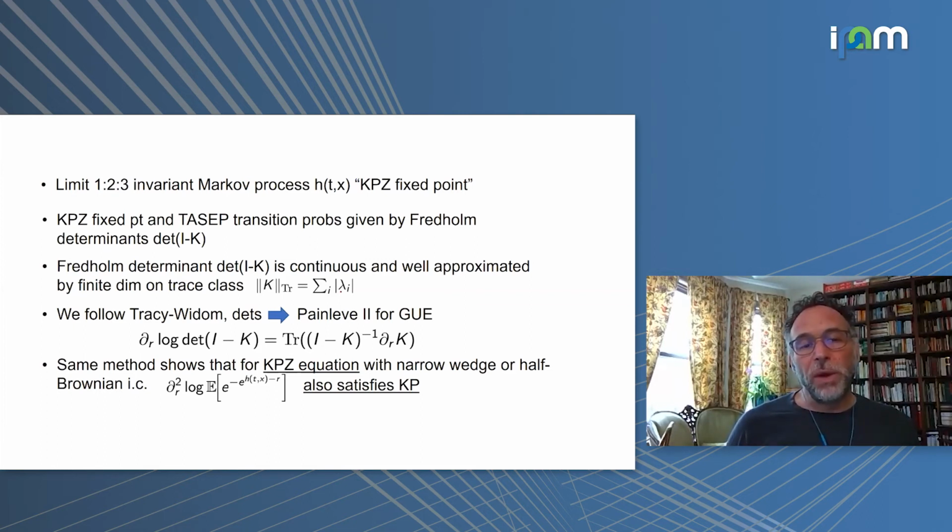To derive the equations, all we're doing is we're following Tracy-Widom in their proof that determinantal formulas can be rewritten as Painlevé II for the Gaussian unitary ensemble. And the main point is that if you have a determinant of I minus an operator K depending on a parameter r, and you differentiate the log, you get a trace.